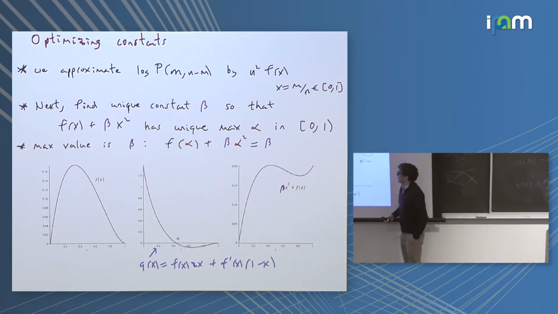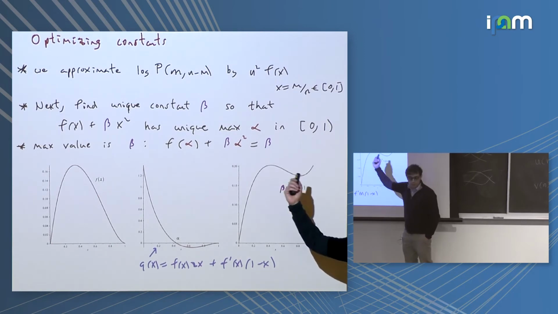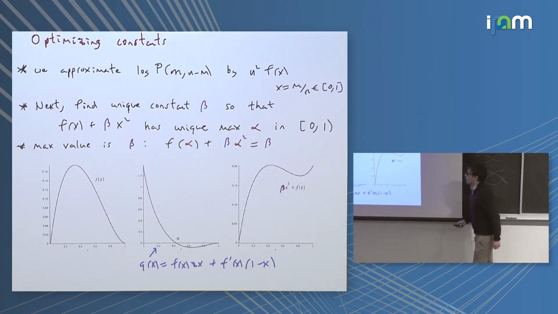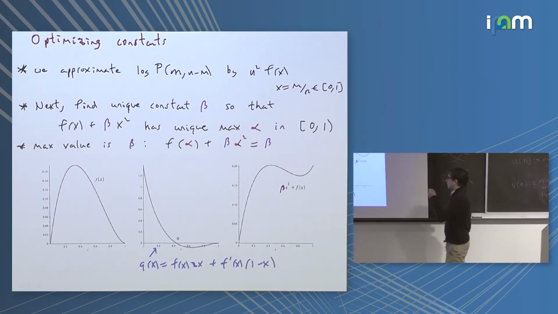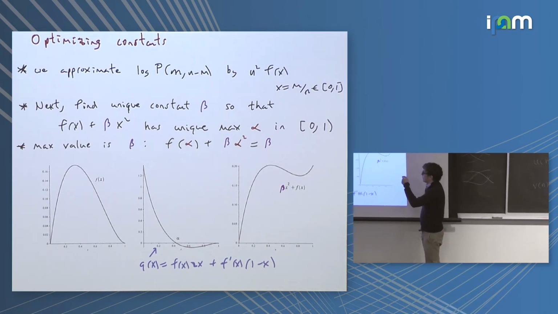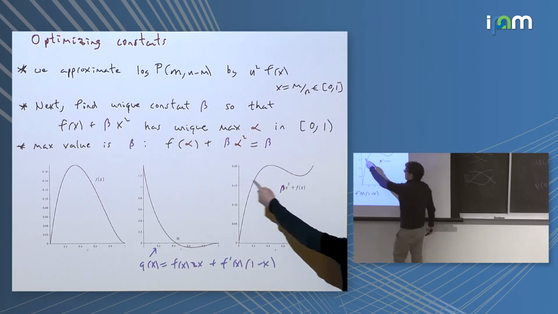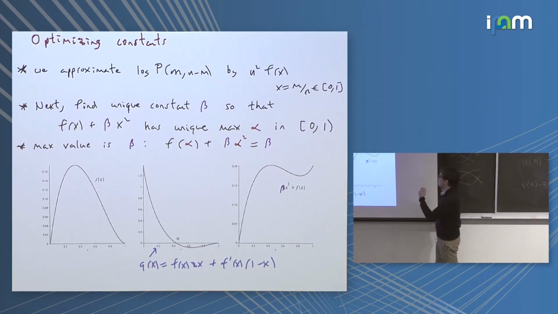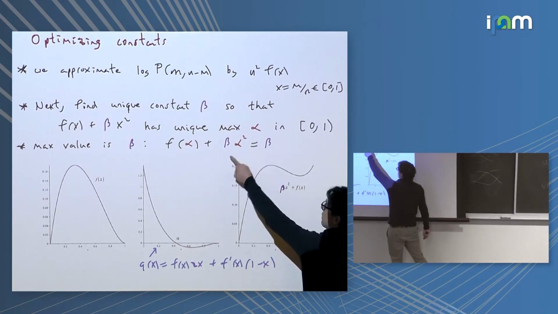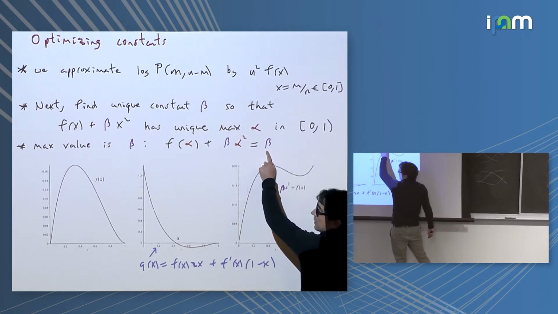This function f(x), which we saw before came from this double integral, has a unique maximum alpha between 0 and 1. Moreover, we want the maximum value to actually be beta.